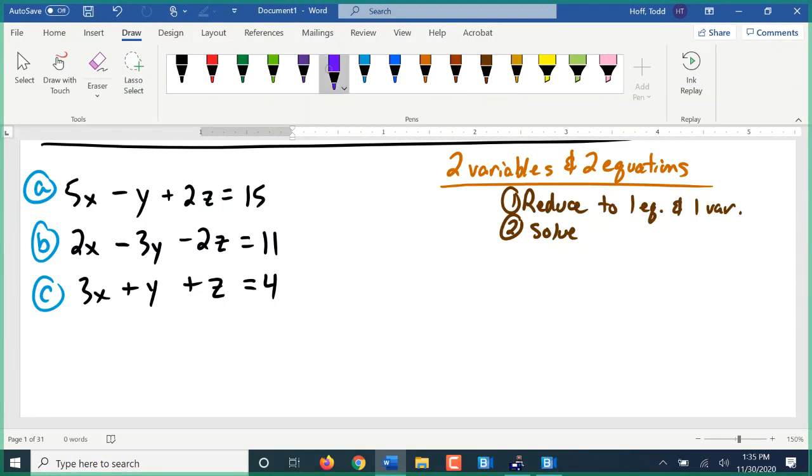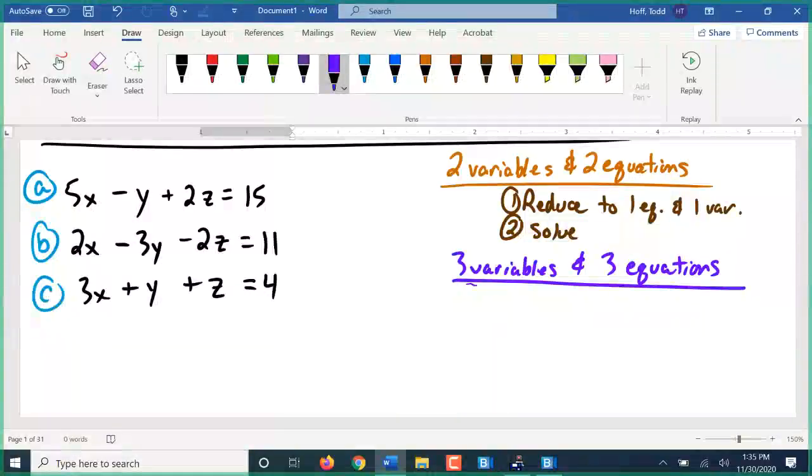Well, when we have 3 variables and 3 equations, now you may have noticed a little subtle pattern here. However many variables we have, we have to have at least that many equations in order to be able to solve. So if we had 3 variables, we have to have 3 equations or we can't solve it.